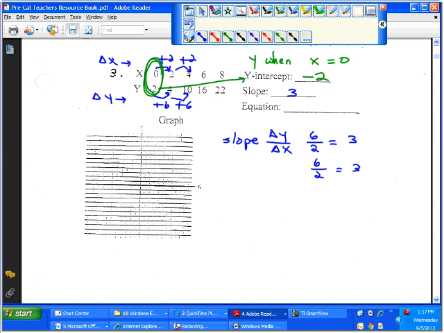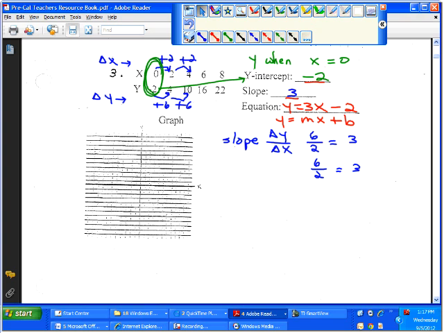We're going to write our equation in the form y = mx + b. So we have y equals, m is our slope, so we'd have 3x. b is our y-intercept, so -2. So my equation is y = 3x - 2.